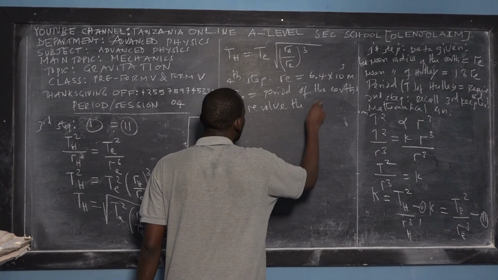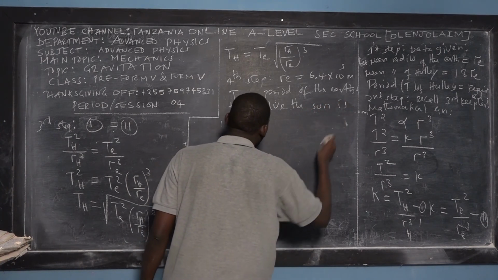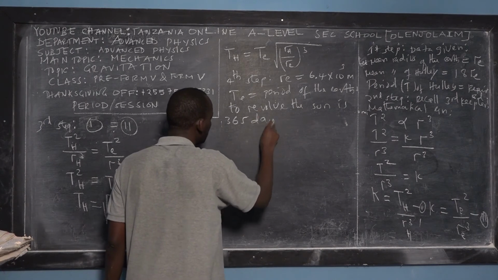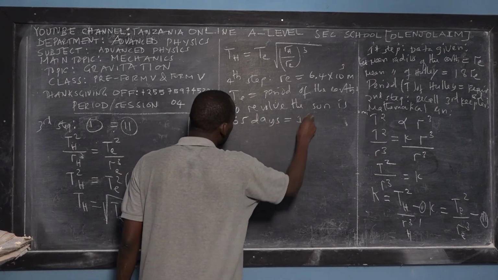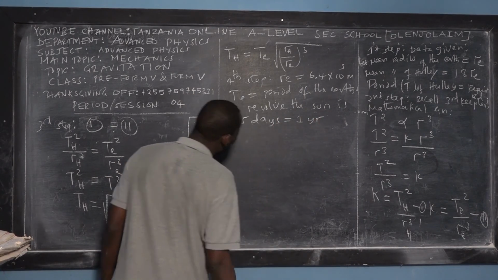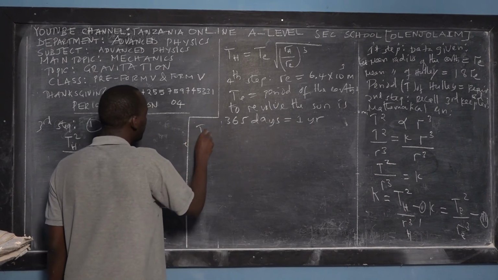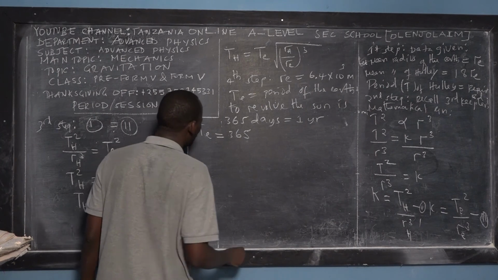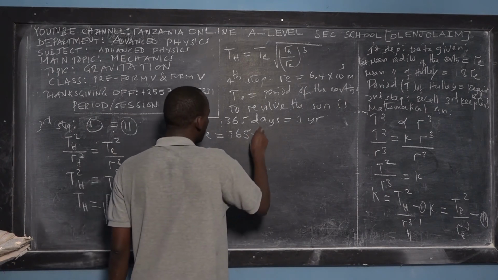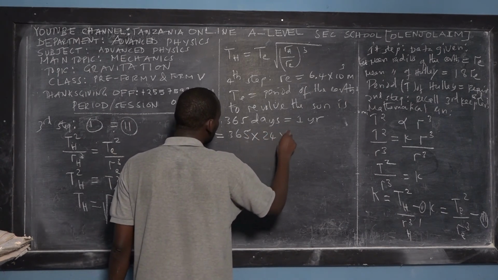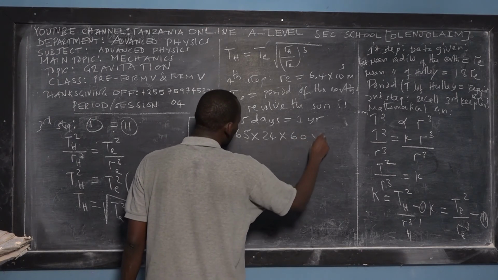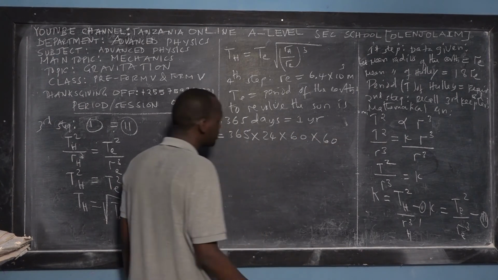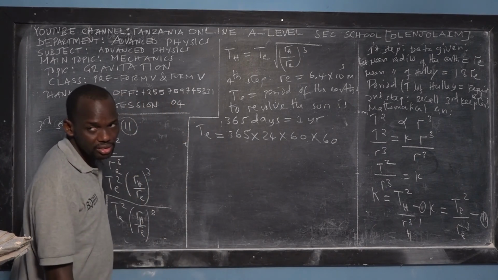The sun is 365 days, or 1 year, or 12 months. So the period of the S is 365 multiplied by 24 hours. There are 60 to convert into minutes, and 60 into seconds. Right?